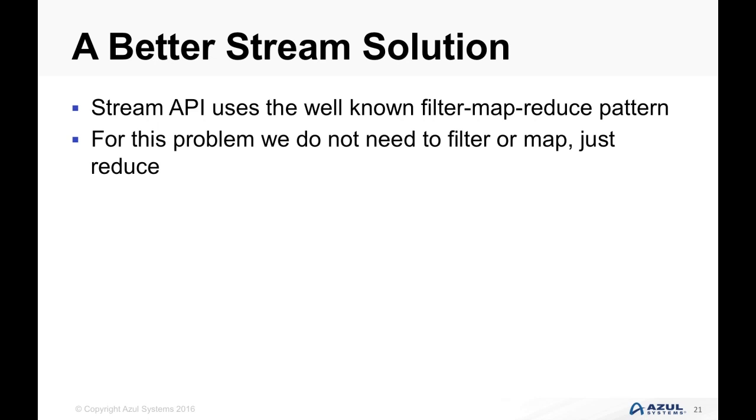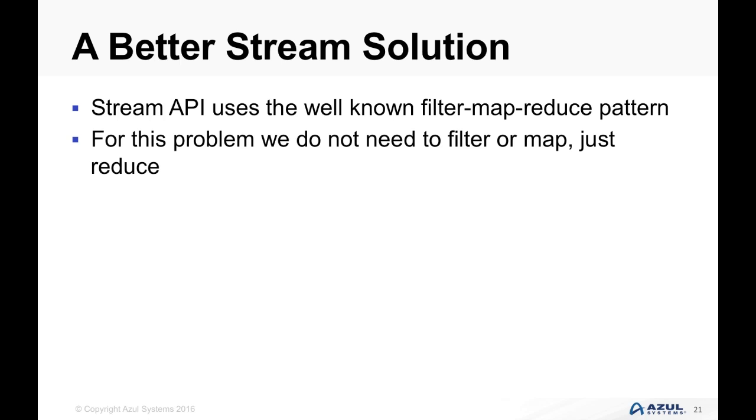This is the whole thing about this, is like, right, let's use streams. So the streams API, if you look at it, uses a well-known pattern: filter, map, reduce. Been around for a long time, well understood. And in the case of this particular problem, we're not actually worried about doing any filtering. So we don't need to reduce the set of data, we just want all the strings in our file.